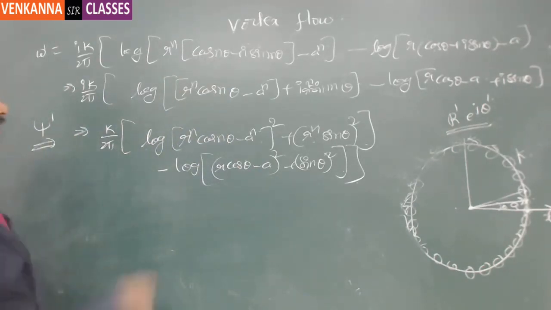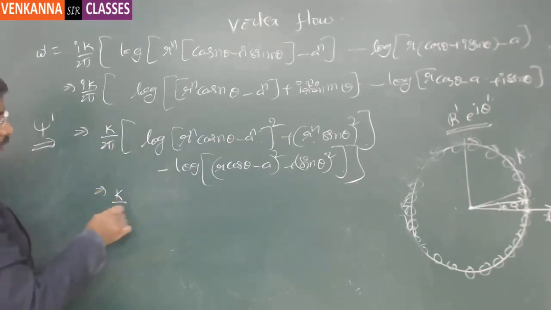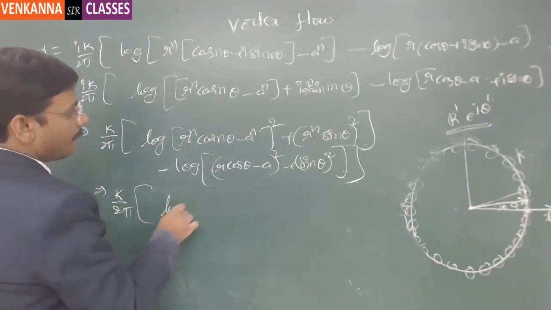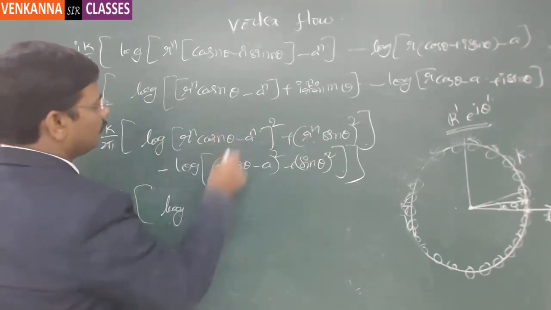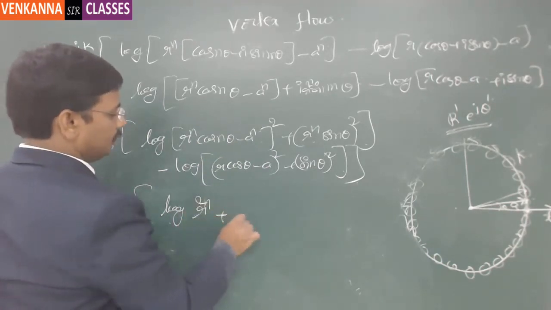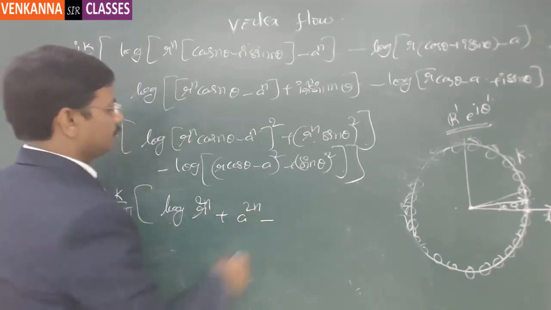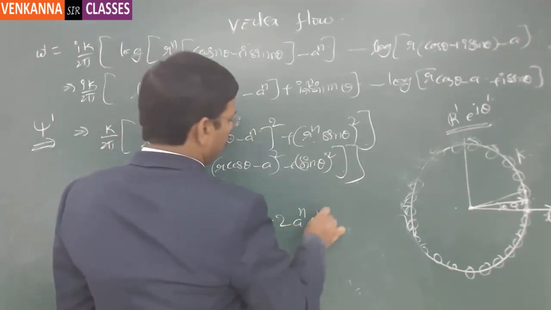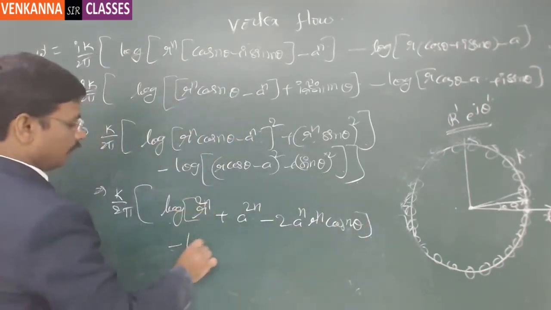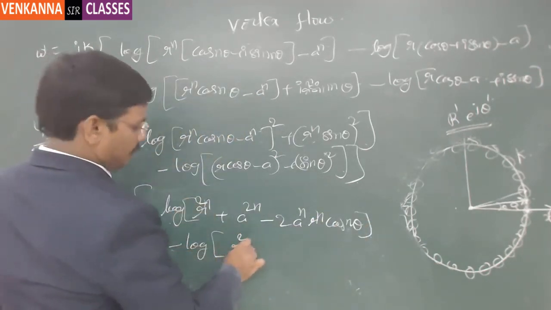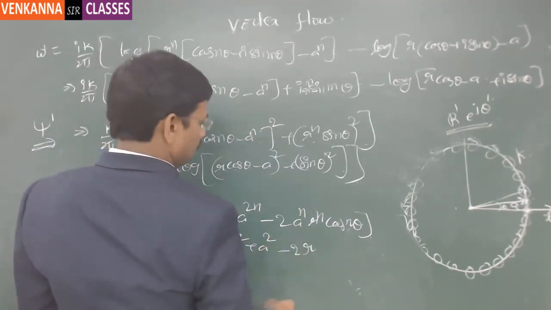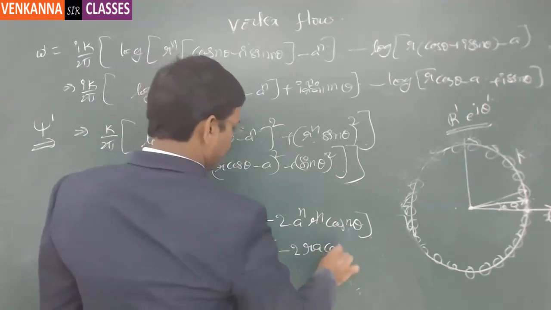Got it? So if you further simplify this, k by 2 pi times of log of, so square of this. So this will be r power 2n plus a power 2n minus 2a power n r power n cos n theta, minus log of r square plus a square minus 2 r a cos theta.